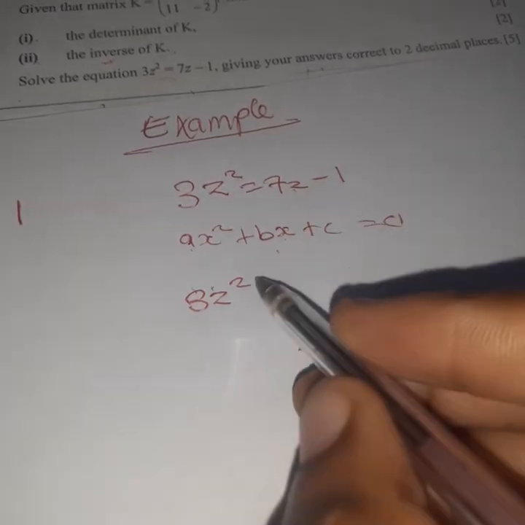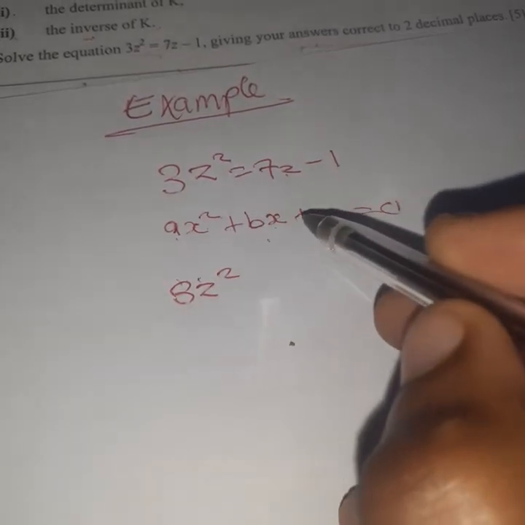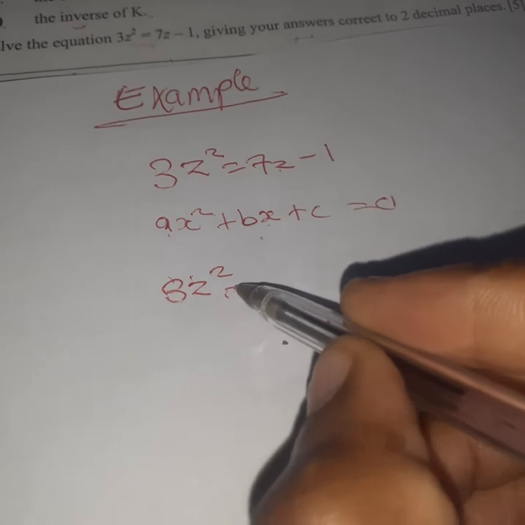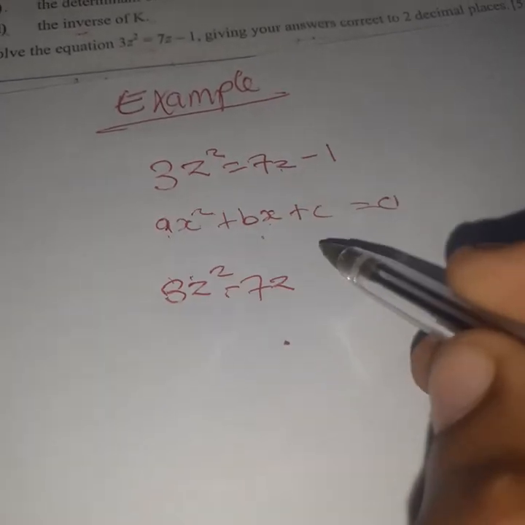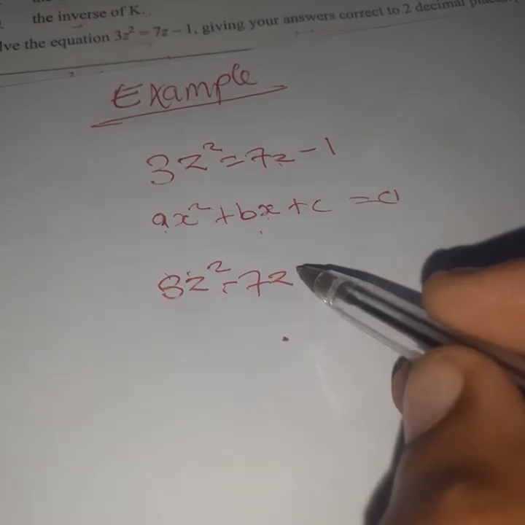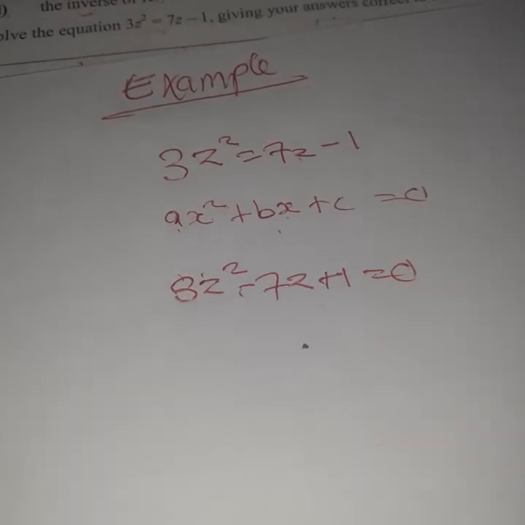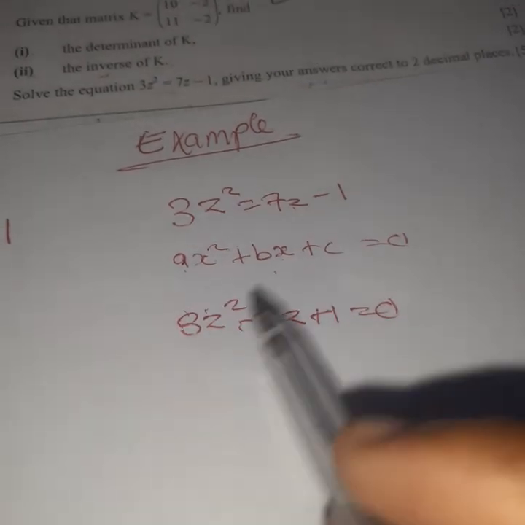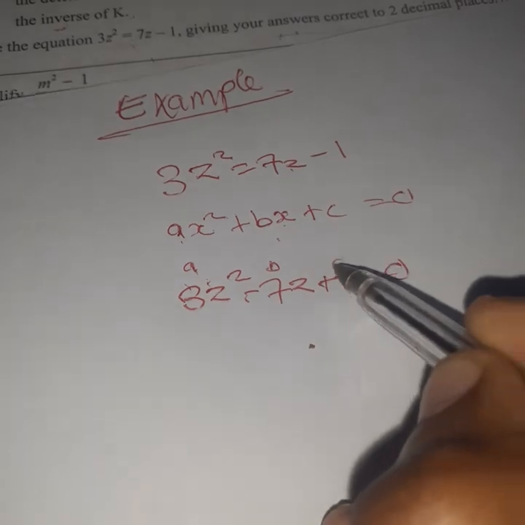So 7z comes here, and when it crosses to this side it becomes a negative 7z. Then the 1 goes there as well, it becomes a positive 1, which is equal to 0. So we always have to change it into this format. So this is our a, that is our b, and that is our c.